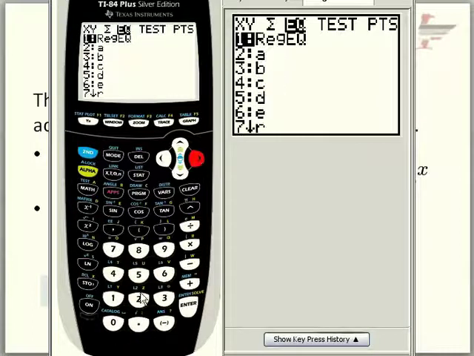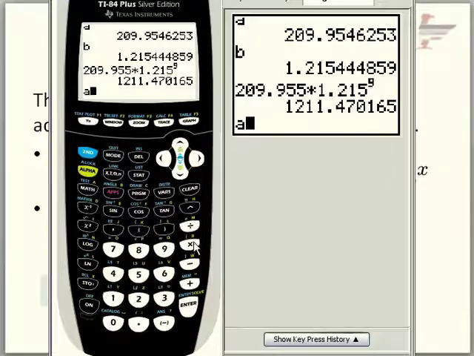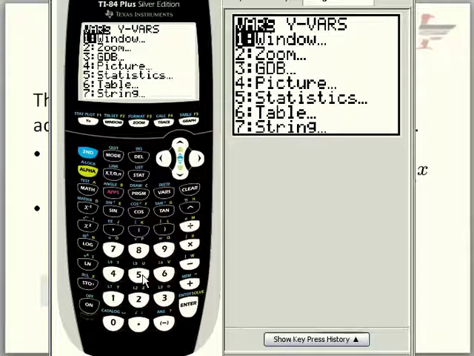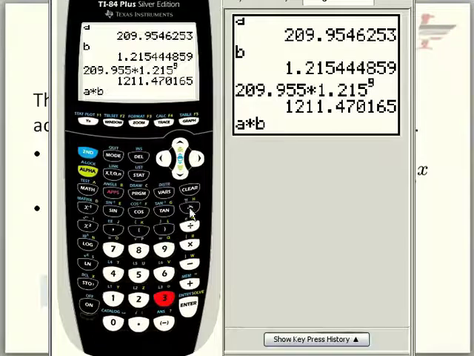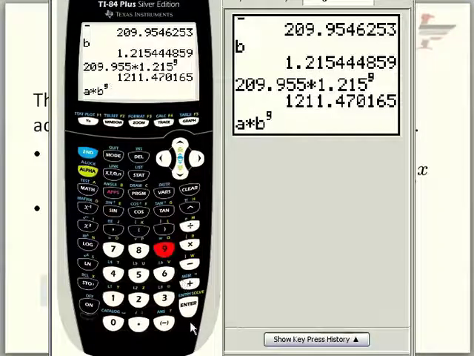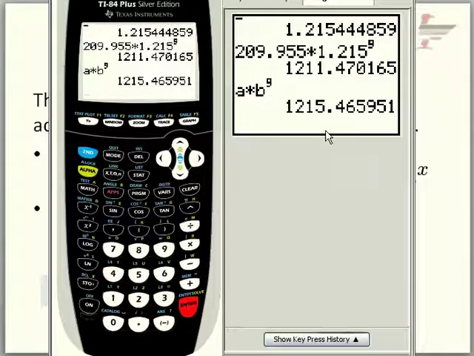There's A times B to the 9th power. And you can see we get pretty darn close to each other. There's some rounding error, but either one of those would be acceptable on a test or on a quiz or in your homework. So what that means is after 9 years, the account has $1,215.47 in it.